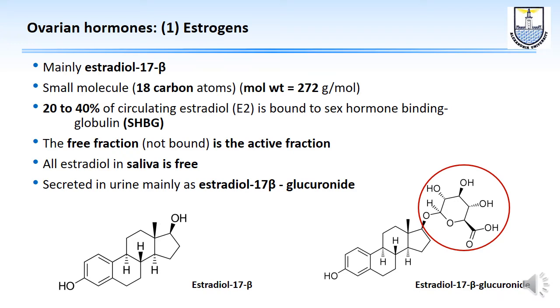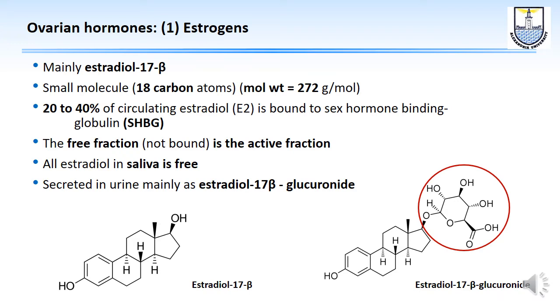We may remember here that all the estradiol present in saliva is free. There is no sex hormone binding globulin in the saliva. So if you want to measure the free fraction, either you measure it in the blood, but you have to do what we call a separation step, you separate the bound from the free, or you go to the saliva and measure it in the saliva.